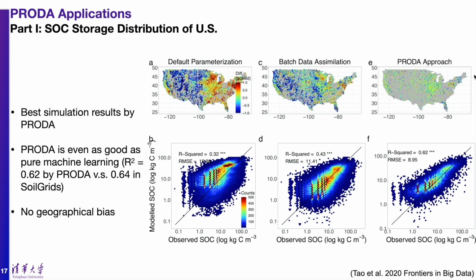We can clearly see that if we take spatially constant parameter values across the continent, as has been done in the batch data assimilation and the default model simulation, there will still be significant geographical bias even after optimization. However, if we take spatially varying parameter values, which is what we are doing in the PRODA approach, the geographical bias will mostly disappear.